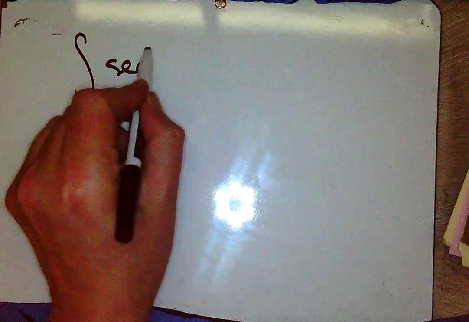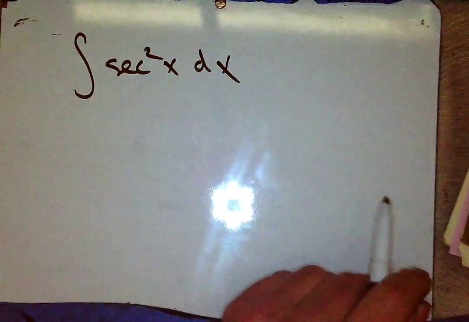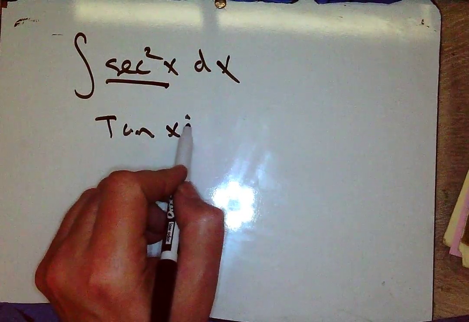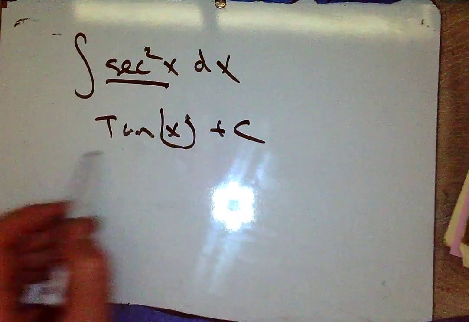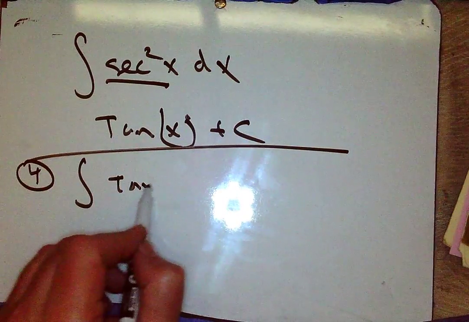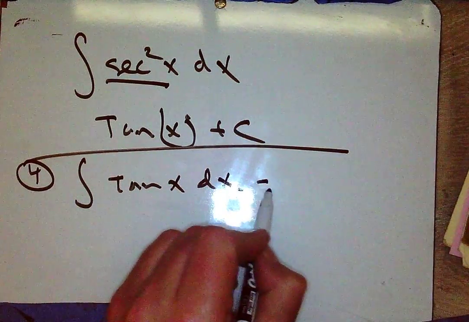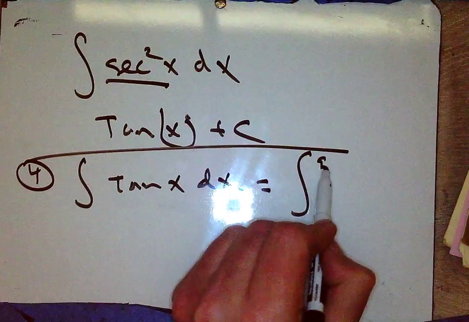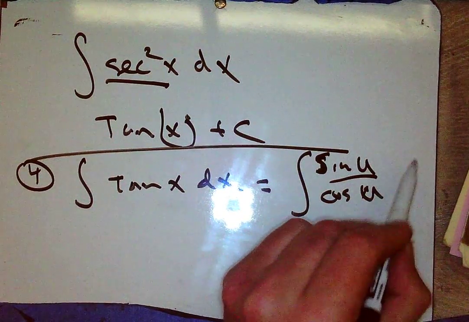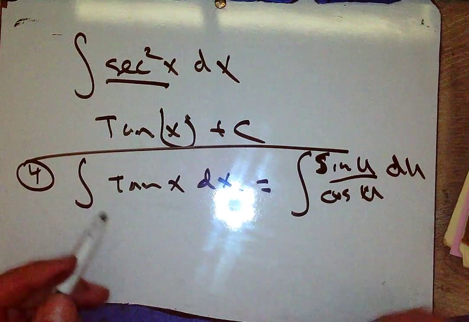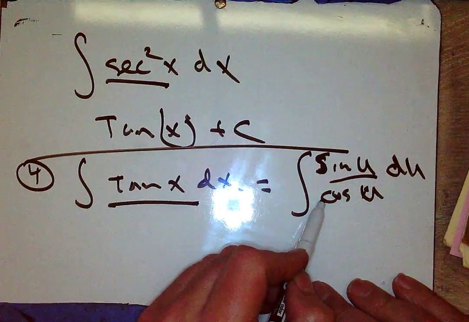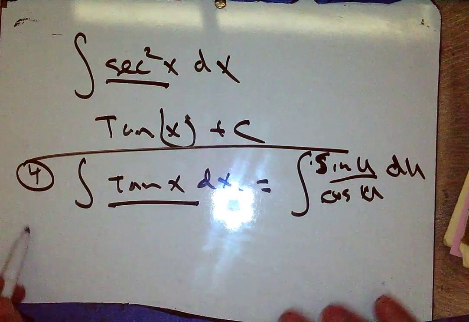How about this one? Secant squared x dx. Yeah, we just did that. That's tan x plus c. For integral of tangent x, oh yeah. Remember when we did this with u subs? Sine over cosine. Because here, nothing, but here, I see a function and someone else's derivative.